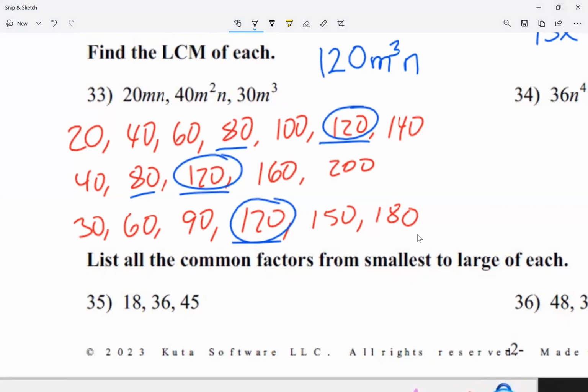My answer will still include n, because in least common multiple, not all of them have to have it when it comes to letters. As long as one of the terms has it, it's enough. It's a big key here when it comes to letters. Not all of them have to have it. As long as one of them has it, I'm going for the highest exponent. So if one of my terms doesn't have an n, my answer will still have an n.